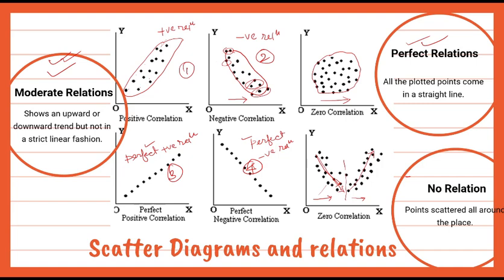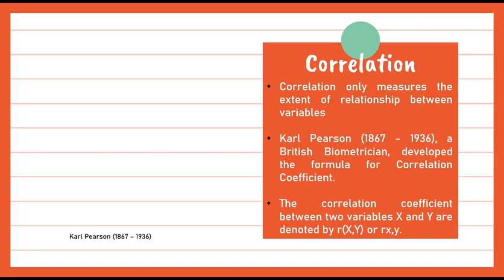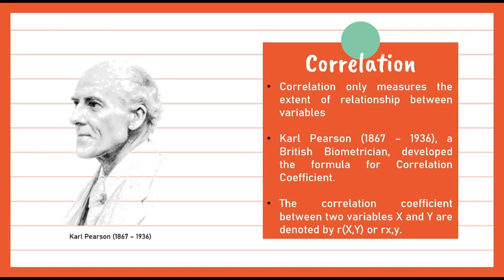Okay, let us move forward. Let us now get introduced to the correlation coefficient. This is the photograph of Karl Pearson, a British biometrician. He developed the formula of the correlation coefficient long back, and this correlation measures the extent of linear relationship between variables.